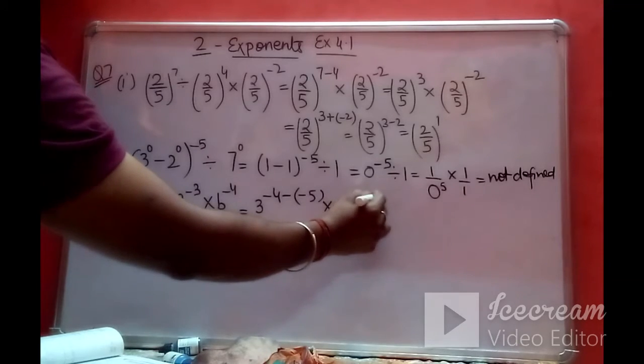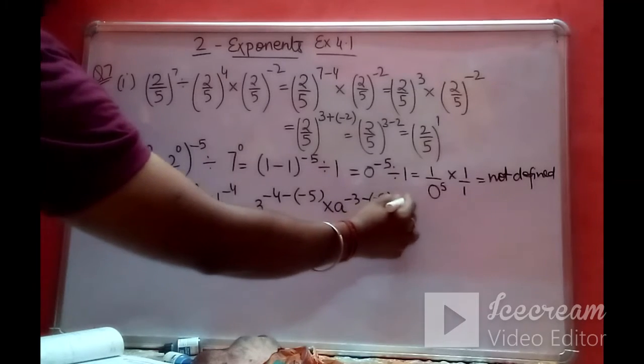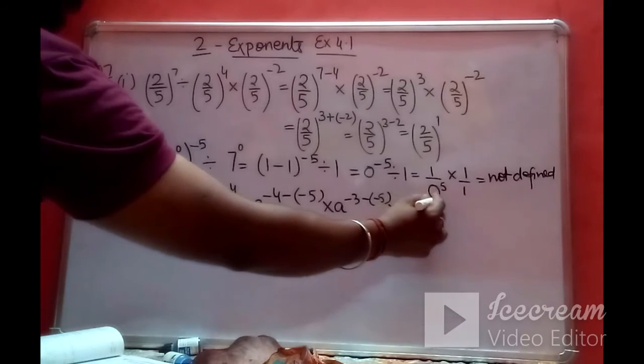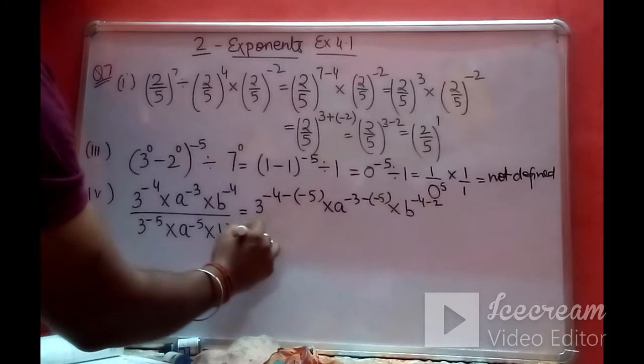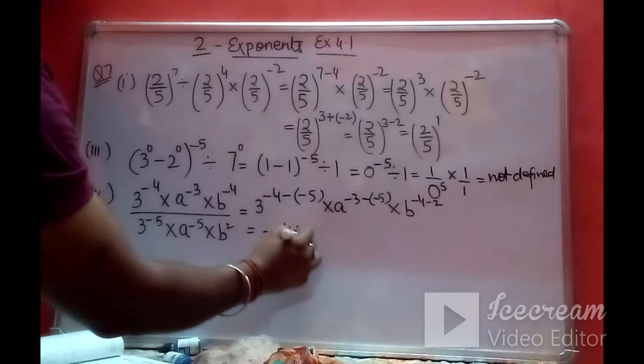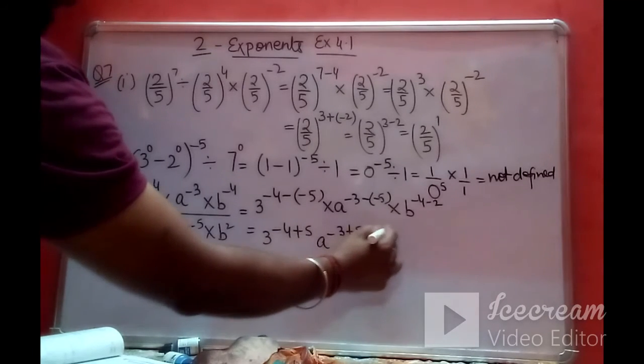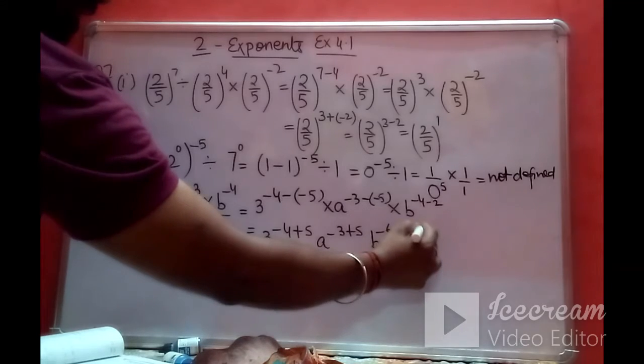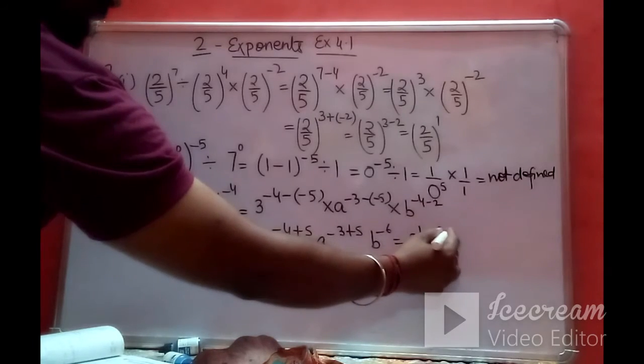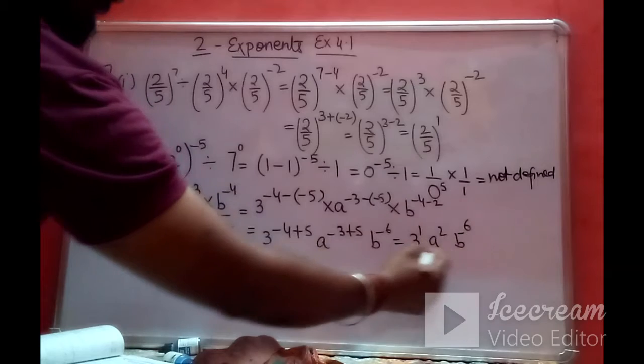Similarly here also we will subtract the powers, and similarly here also. So what we will get, minus 4 plus 5, minus 3 plus 5, and minus 6. So our answer is 3^1 a^2 b^-6.